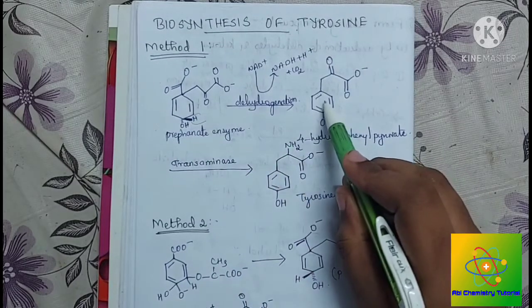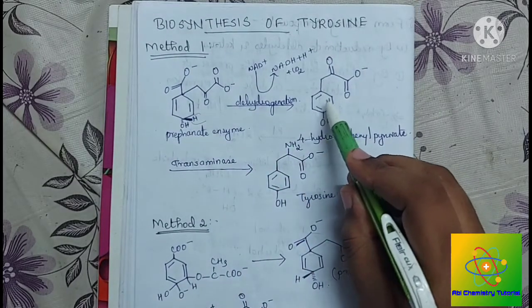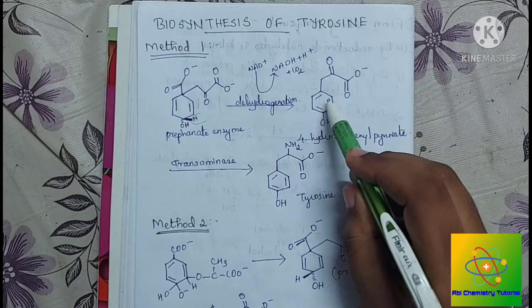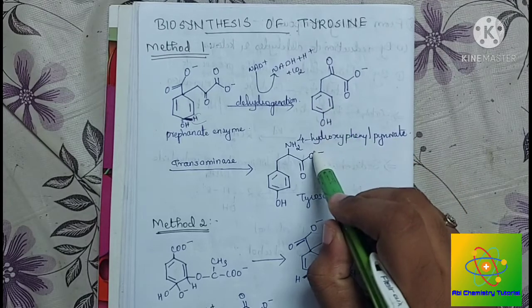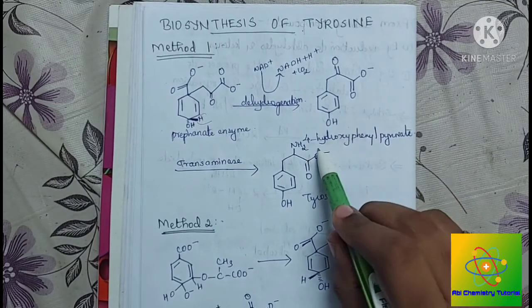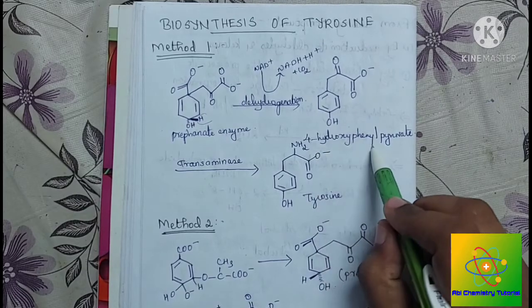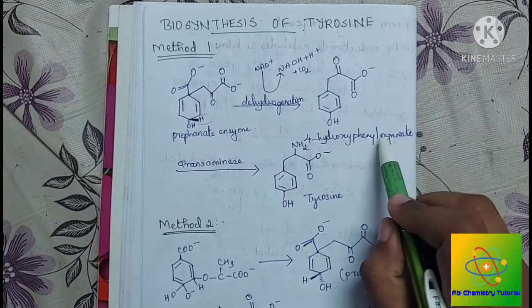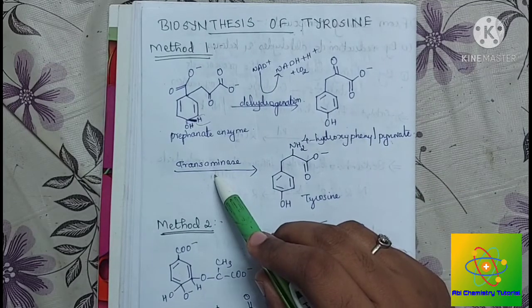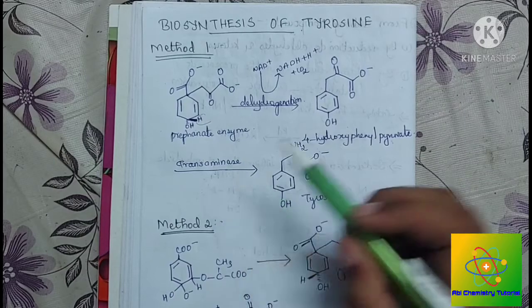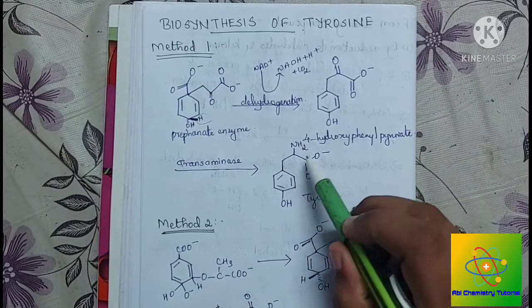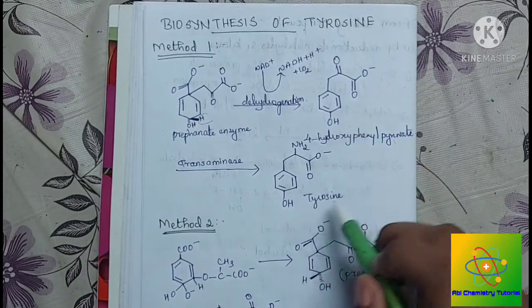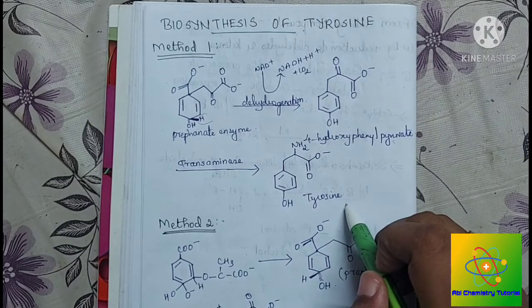Here we get a resonance double bond inside this benzene ring, and we get a new compound named 4-hydroxyphenyl pyruvate. This 4-hydroxyphenyl pyruvate on treatment with transaminase, which is also an enzyme, gets nitrogen added, and we get the tyrosine compound. So this is method 1.